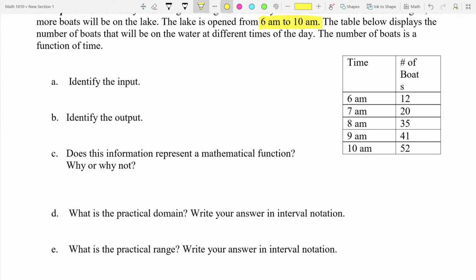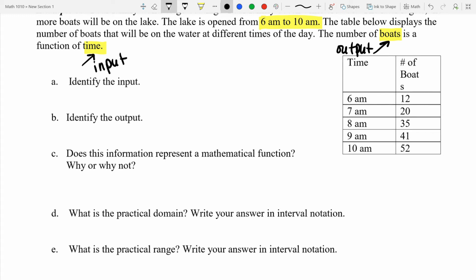Everybody come right here and highlight boats. Then highlight time. You tell me, don't look at your notes, and try to remember what we've done. Is the boats, which is listed first, the output or the input? It's output. So everybody put an arrow, and I want you to put output is a function of input.